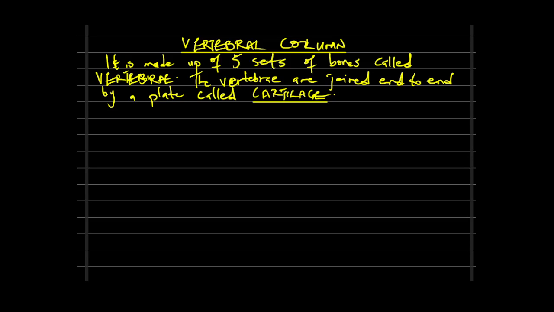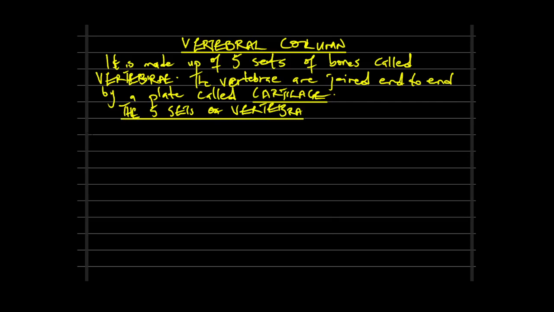So let us quickly look at what these 5 sets of vertebrae are. I will be listing them with reference to the number of bones that we have in each of the classes.